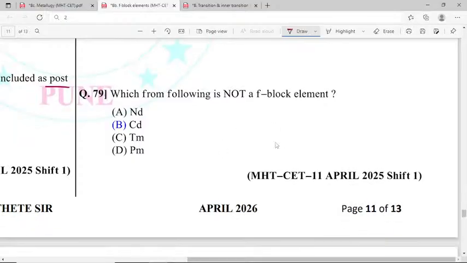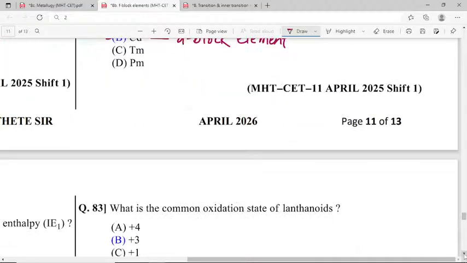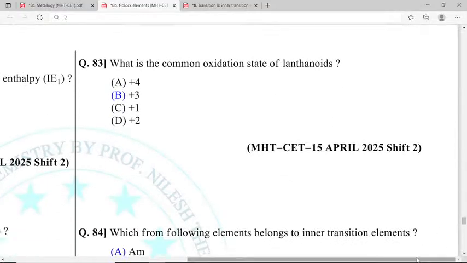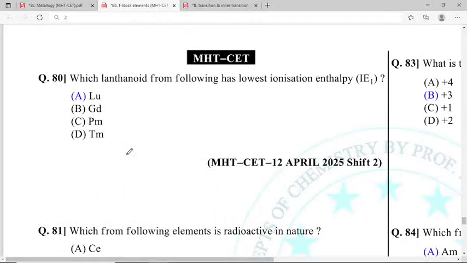Which of the following is not an F block element? Cadmium. Cadmium is a D block element. Which lanthanoid from the following has the lowest ionization enthalpy?